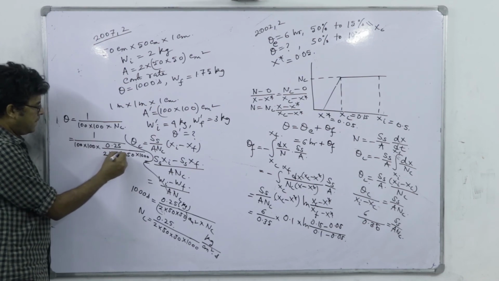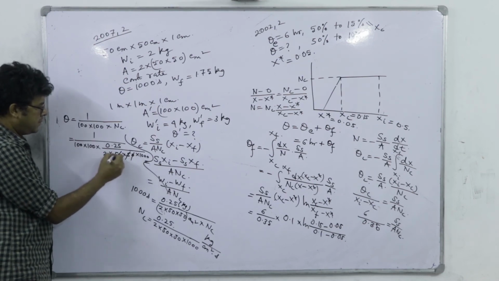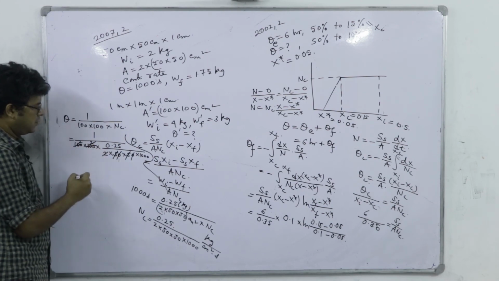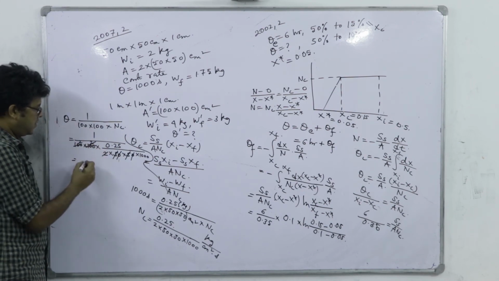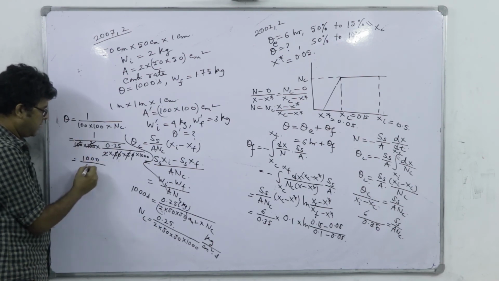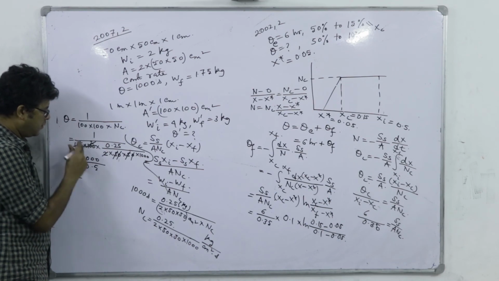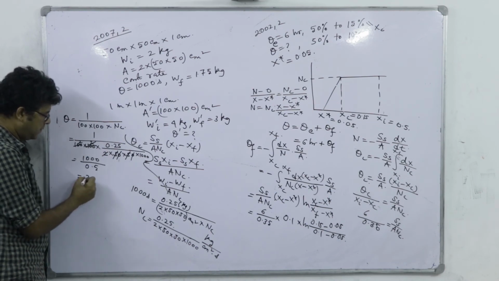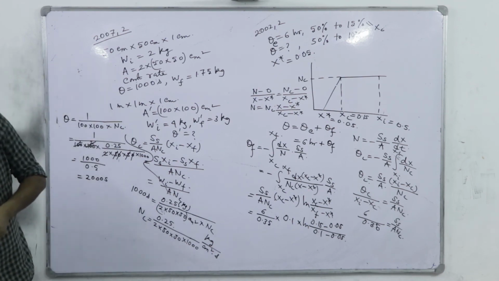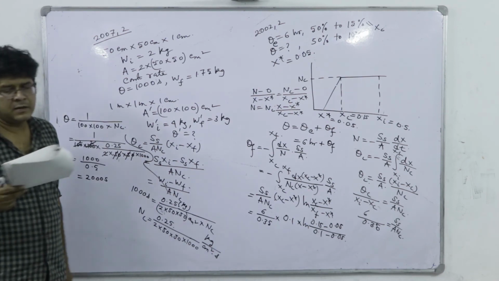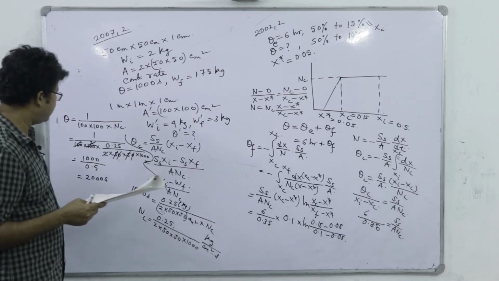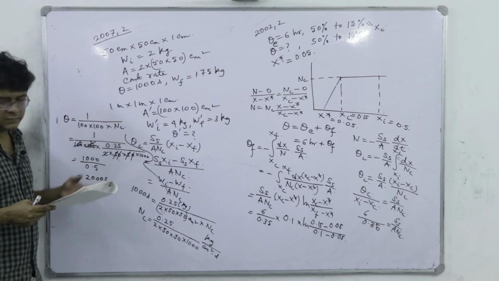So here 2 cancels out, right. So 1000 divided by 2 into 0.5, that is 0.5, 2 into 0.25, that is 0.25. So the answer is 2000 seconds, right. The options were 1000, 1500, 2000 and 2500. So 2000 seconds will be the option.